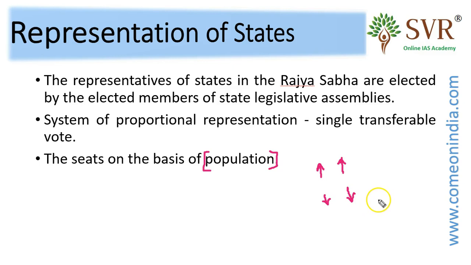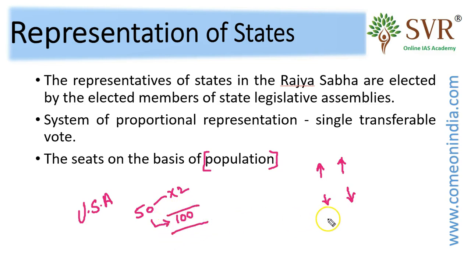But consider the USA, the United States of America, where they follow a federal structure and have around 50 states. In the representation of states, or the Council of States, they have 100 members, that is, 2 members from each state are selected. But in the Indian scenario it is completely different.